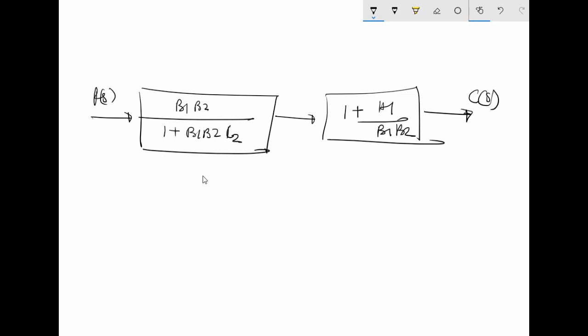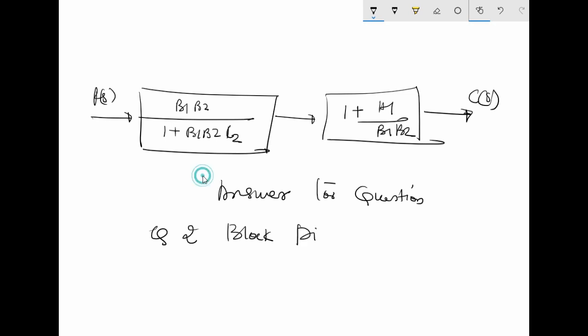So this is my answer for the second question.